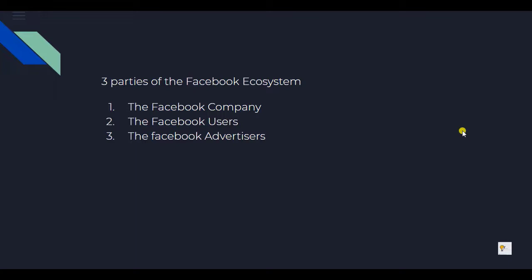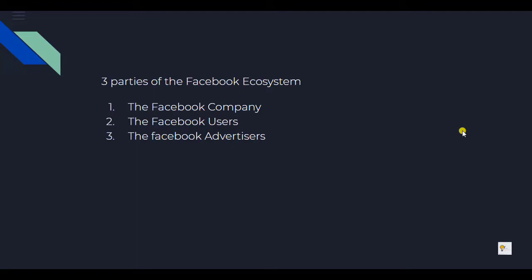All right, now three parties of the Facebook ecosystem. In the Facebook advertising system, we have these three parties helping each other. You must understand that you are helping each other, and you are actually learning and gaining from each other: the Facebook company itself, the Facebook users, that is the people you want to advertise to, and you, who are the Facebook advertiser.